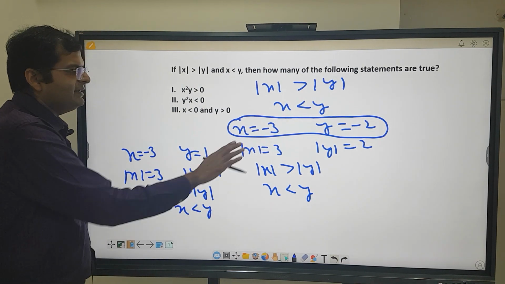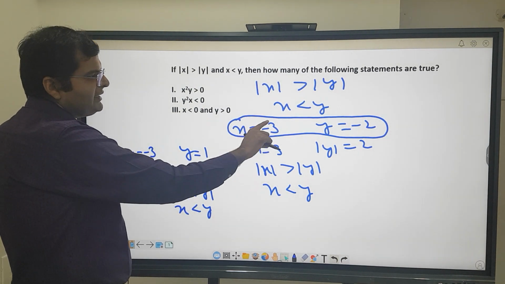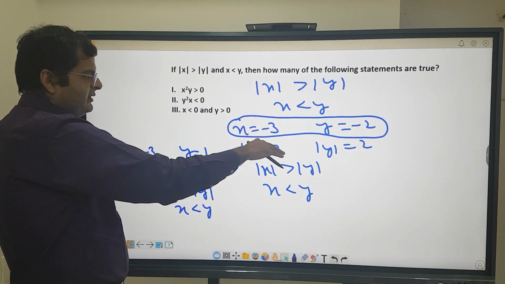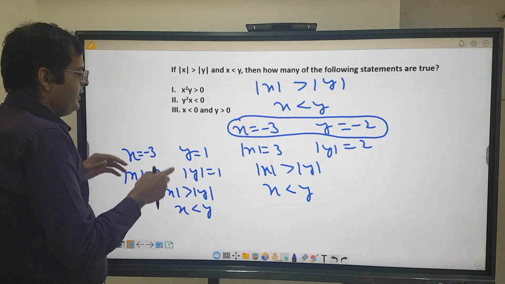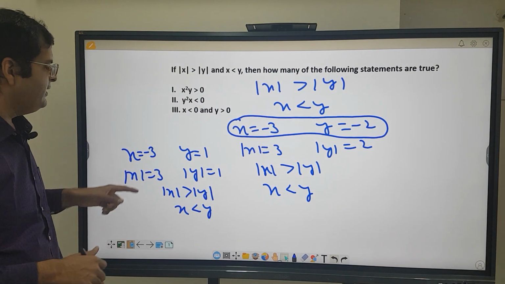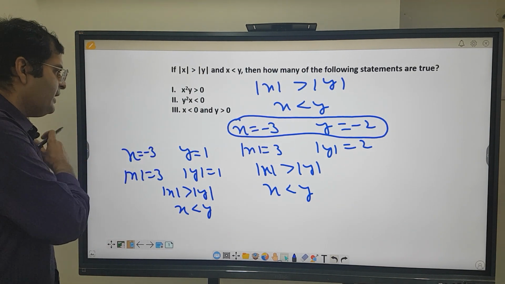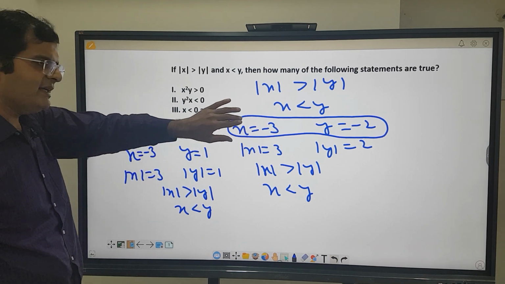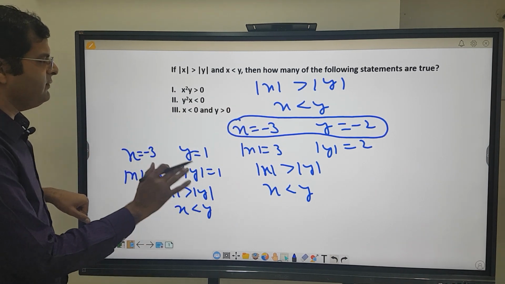Because x is less than y, x has to be negative for sure. If one of them is negative, x has to be the negative one and y has to be the positive one. If both are negative, then x has to be more negative than y.